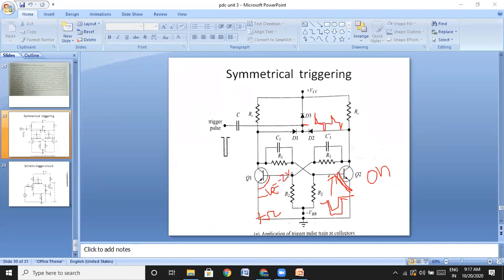So you have to apply a positive pulse which has to overcome this voltage and also the diode breakdown voltage, which is 0.6 volts if it is silicon. Therefore you have to apply a positive pulse of magnitude around 2.6 volts.